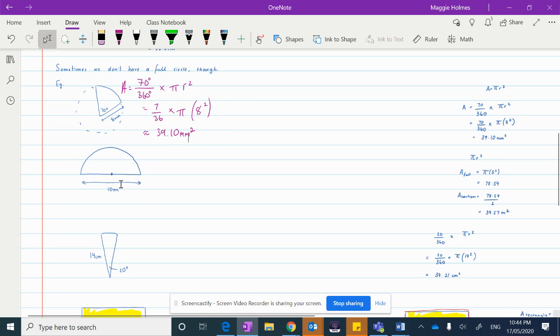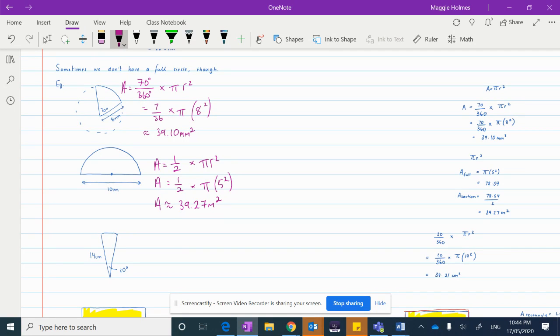This one, easier in some ways because we know it's half. So area is half of our circle. More complicated, we have to remember that this is the diameter, not the radius. And then we just put that in our calculator and remember our units.